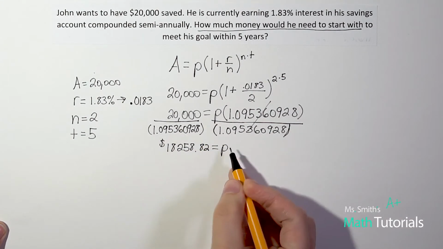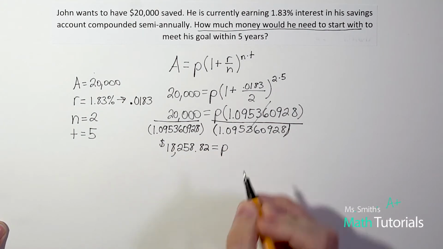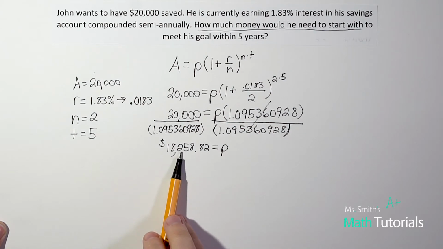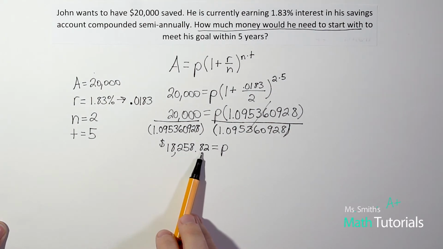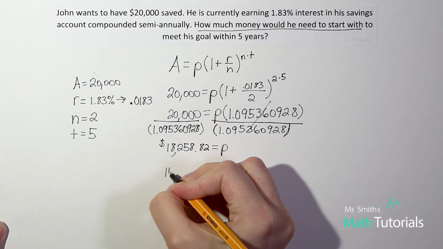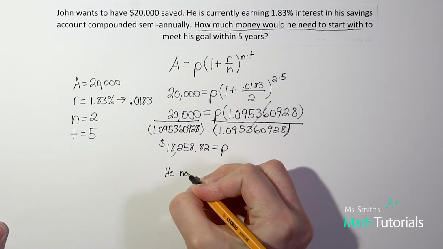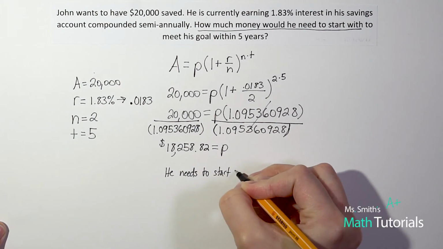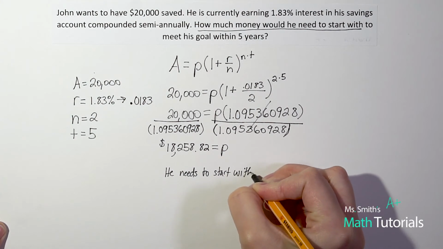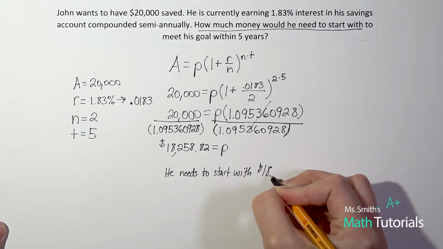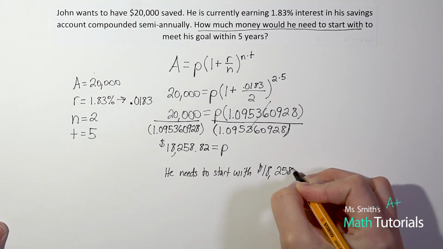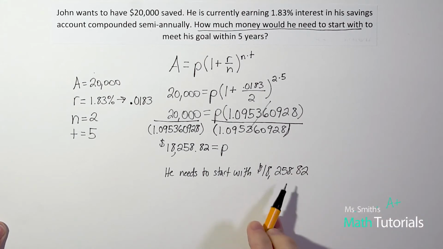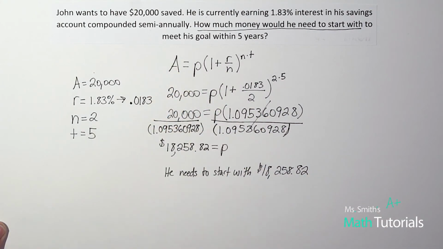So what is the principal amount? Well, $18,258.82. So if we wanted to write it in a statement, we would say John needs to start with $18,258.82 in order to meet his goal within 5 years.